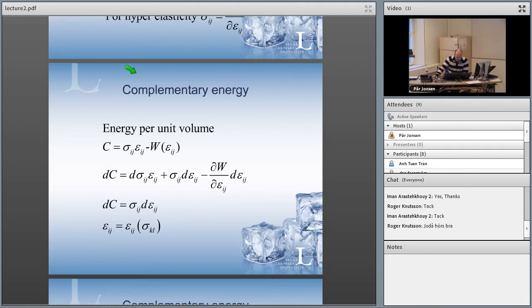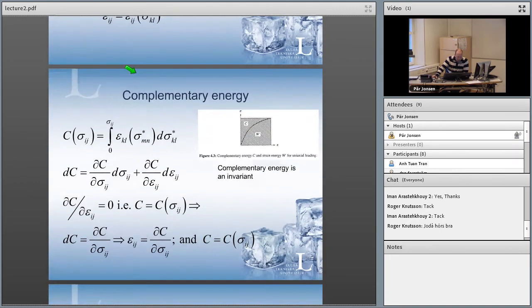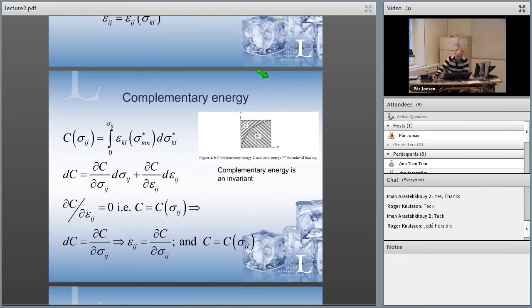It's the complementary energy. And if you look at the graph, what it really is, if you remember the first response we had for the hyperelastic model, it looked like this. And the strain energy was under the curve, but above the curve you have the complementary energy.